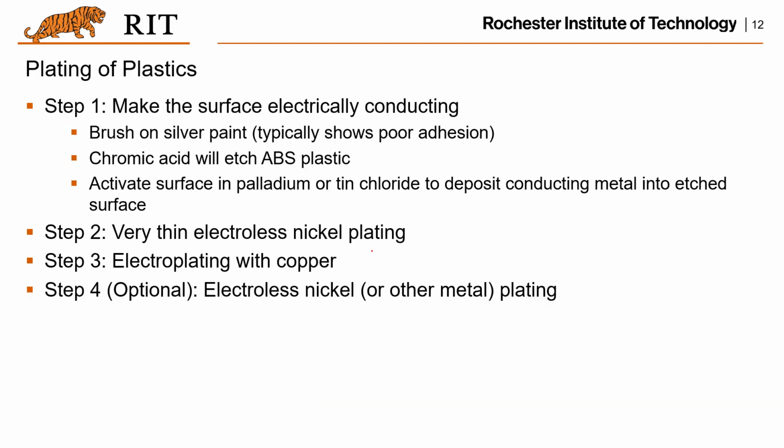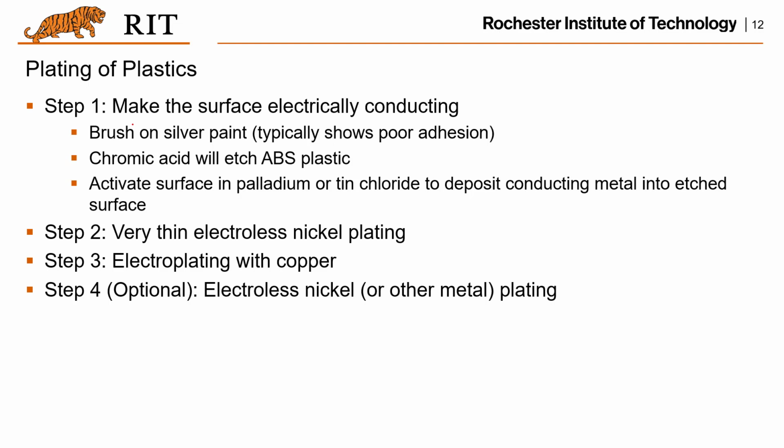Let's look at what the steps are for the electroplating of the photopolymerized part. First of all, you make your surface electrically conducting by brushing on silver paint. Chromic acid will etch the ABS plastic, and then you activate the surface with palladium or tin chloride to deposit conducting metals into the etched surface.